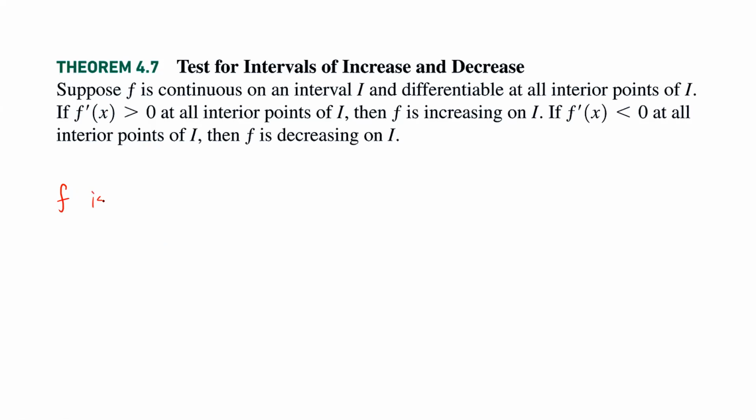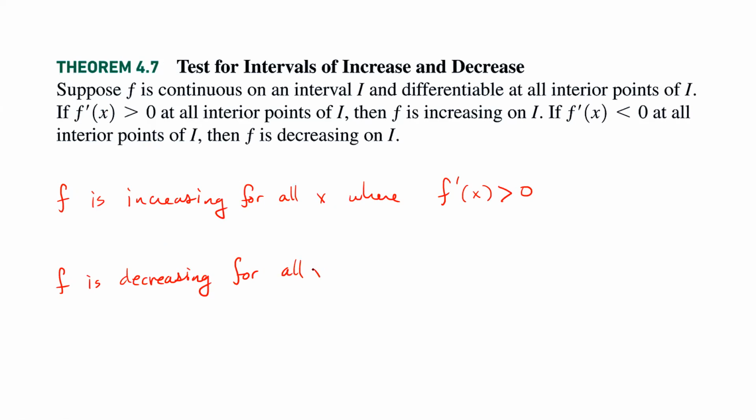So we'll say f is increasing for all x where f prime of x is positive, and f is decreasing for all x where f prime of x is negative. So that's the two key things that we're looking for here.